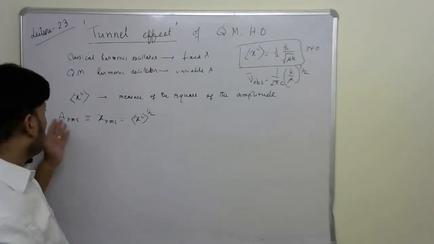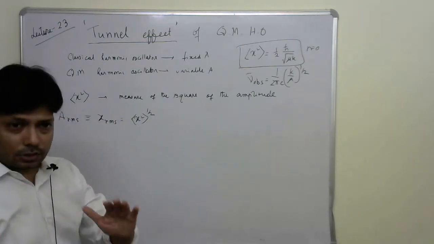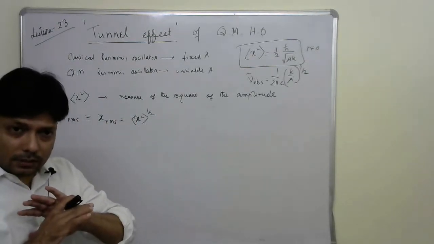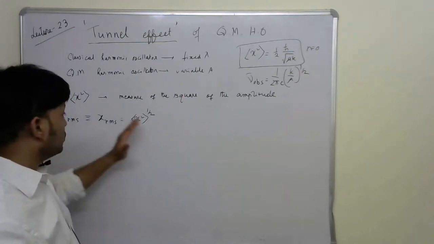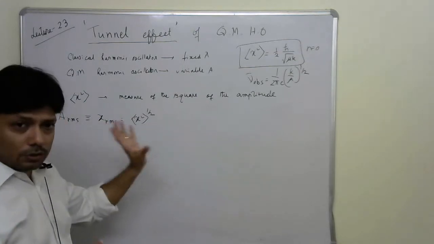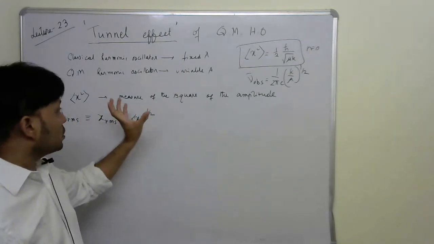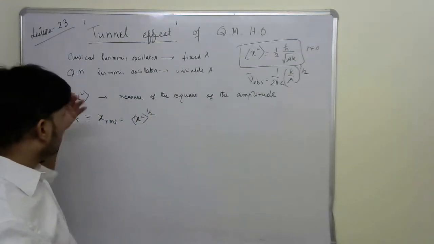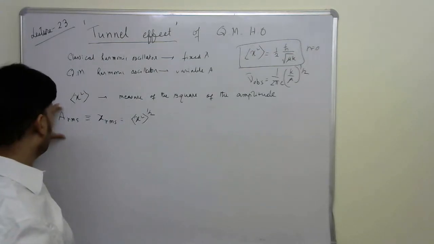We already knew that the average x is 0, so that is useless for us; we can't use the average of x. Rather, we take something which is a non-zero value, that is the square of the amplitude, and we take the square root of it. That's called the root mean square amplitude.